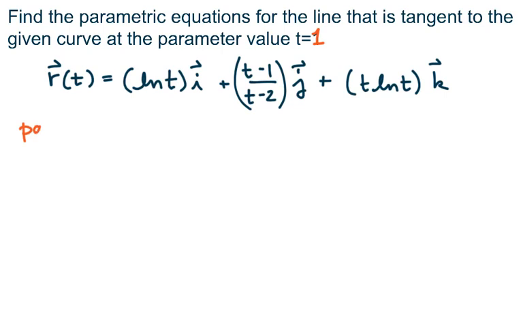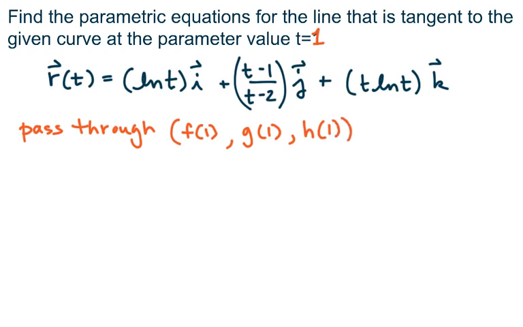We know we're going to pass through the point f of 1, g of 1, h of 1, and that we're going to be parallel to the vector v of 1. So essentially we just need a point and a slope. So I'm going to plug 1 in to all of my parametric components for x, y, and z.